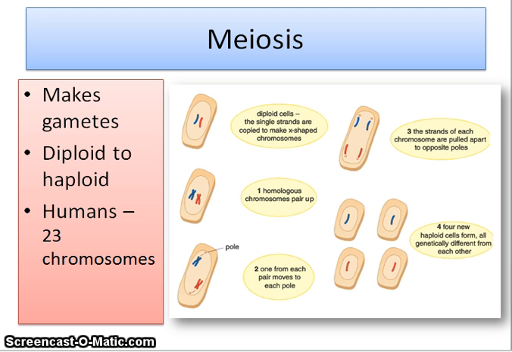In humans, gametes have 23 chromosomes and are genetically different from the parent cell. So when the egg and the sperm come together, they produce a diploid cell called a zygote. So you've got 2 haploid gametes, because they've got half a set each. They come together to form a diploid zygote. The zygote will divide by mitosis into many cells and grow into a new individual.